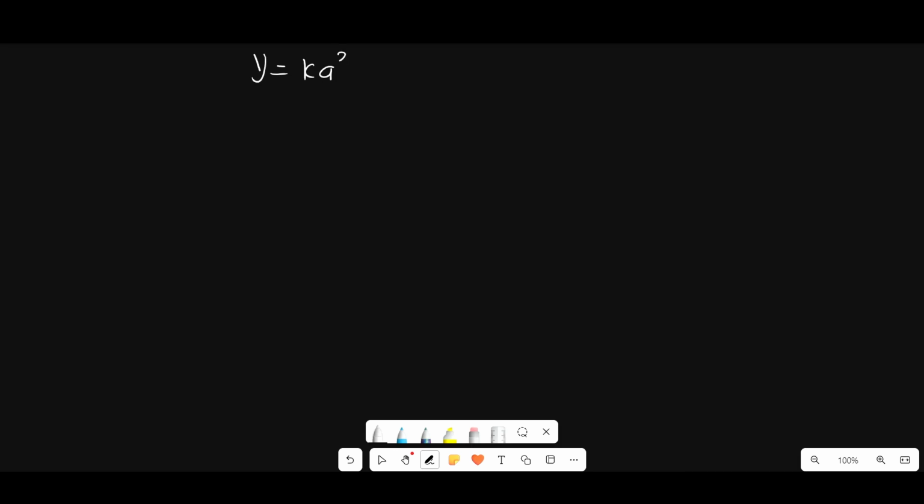Then c is the horizontal shift, and q is basically your vertical shift, also known as your horizontal asymptote. I didn't tell you that, but the q is also your horizontal asymptote. Okay, let us get into it.